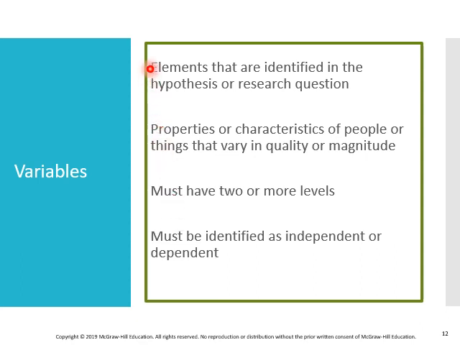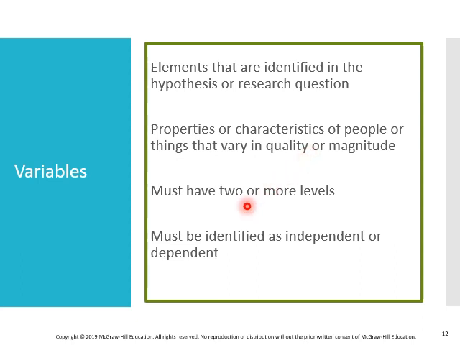So variables, again, are elements that we identify and use in hypotheses and research questions. The properties of those variables are elements that we can measure or observe in terms of quality or some magnitude. Again, back to an earlier slide, based on some kind of degree or intensity between the variables. They must have two or more levels.